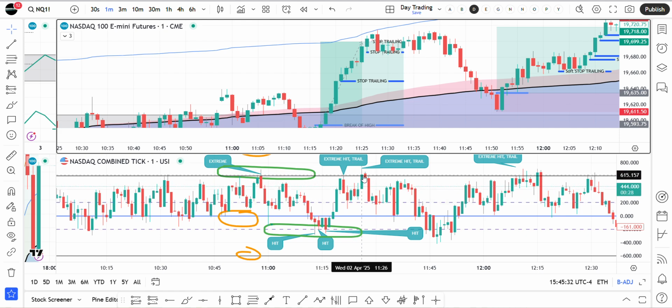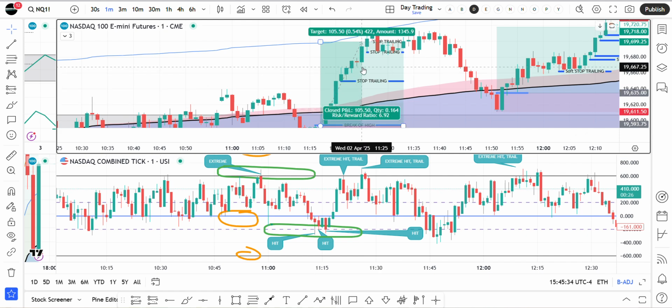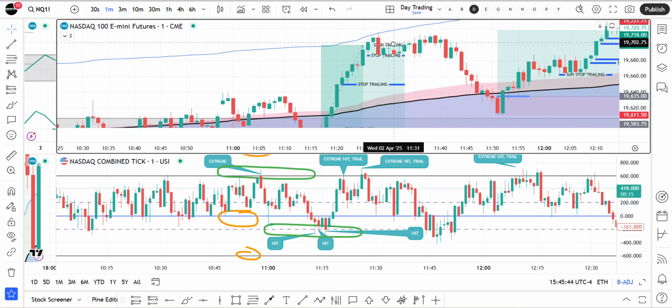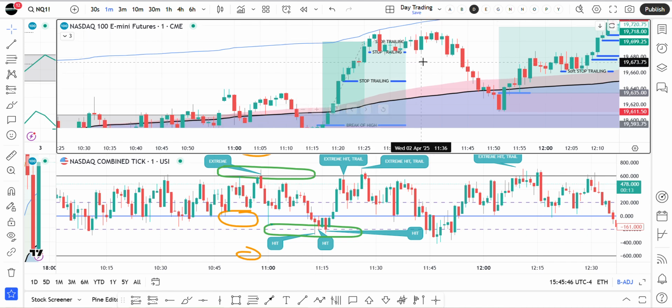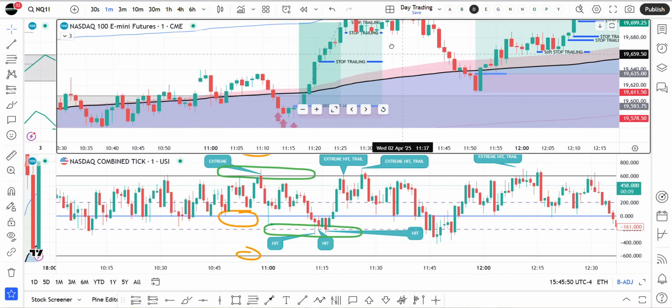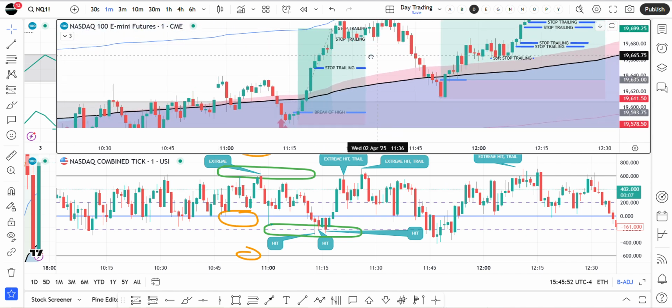Another extreme gets hit, 11:26. Trail your stop to the bottom of this candle. Another extreme gets hit, 11:27. That should have been where you're out, and that's where I was out. That was 7R.